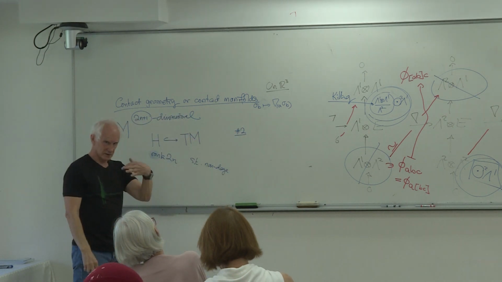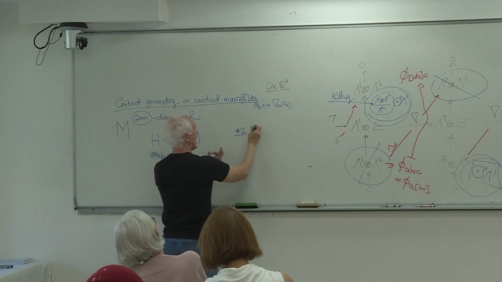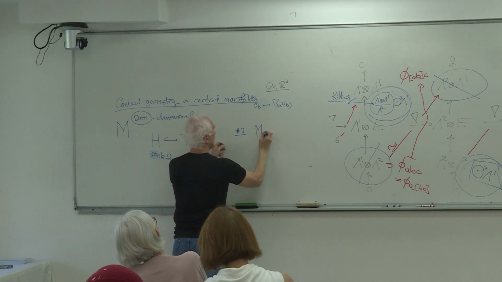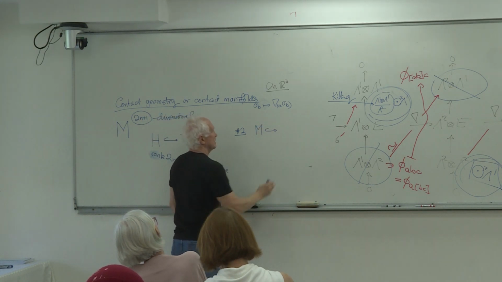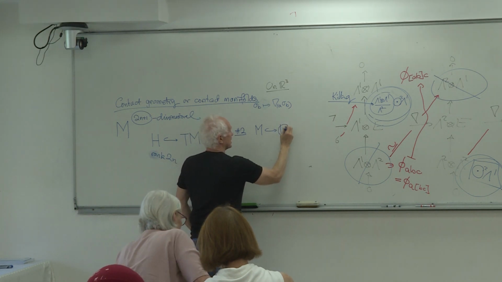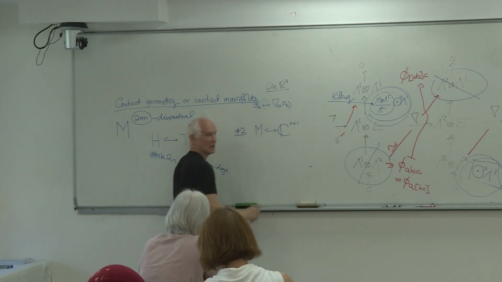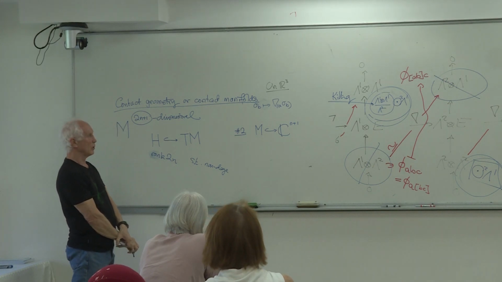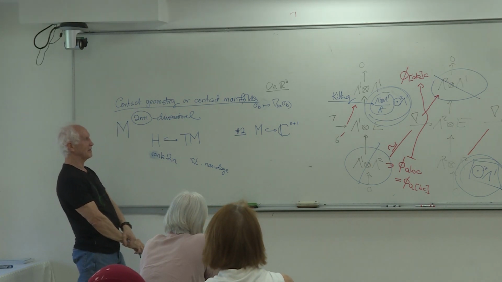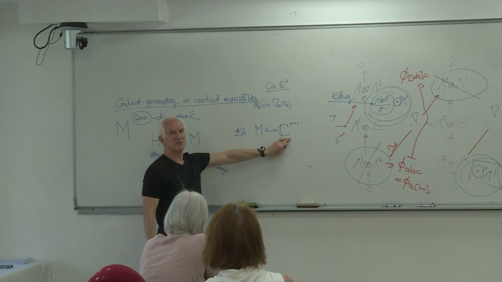One of them, example number 2, is exactly what Francine has been talking about, where M might be given to you as a real hypersurface inside Cn plus 1. Now remember our viewpoint last time of what a complex manifold is, that there's an endomorphism of the tangent bundle here.